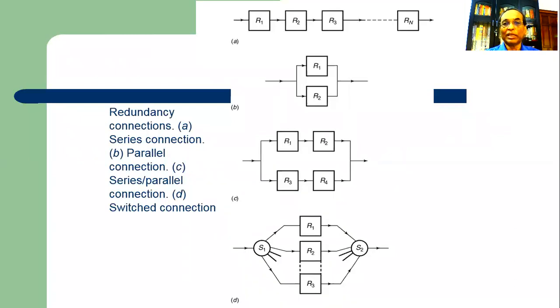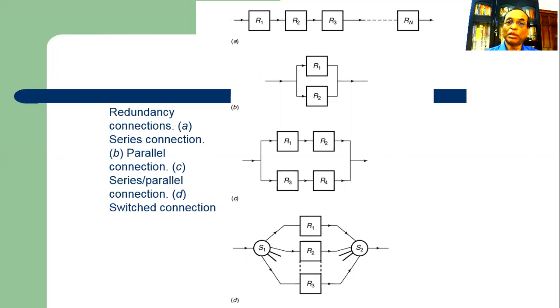As the satellite is very precious, and tracing a satellite is a very costly affair, that's why all the systems are working in the redundant mode. So the redundancy connection of each device and each gadget is configured there, and the redundancy processes are categorized like this: the series connection, then the parallel connection of the devices, series parallel connection of the devices, and switched connection.